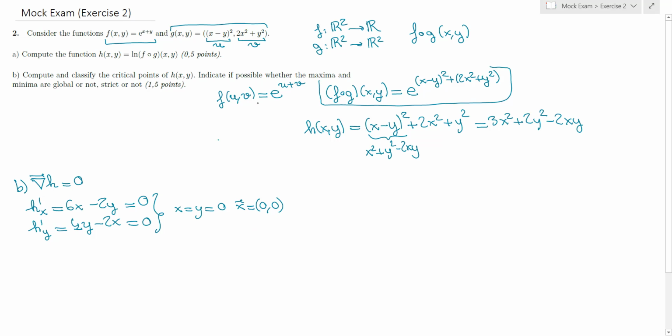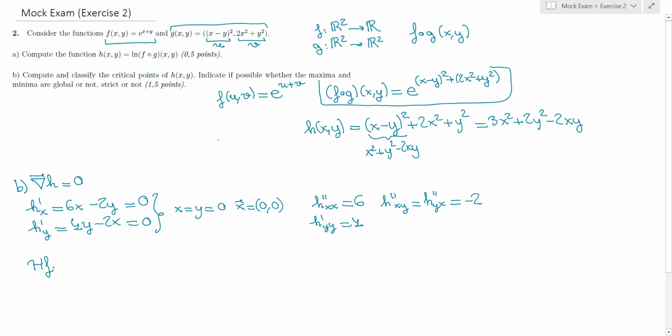Now, in order to classify the critical point, we need to compute the Hessian. And for the Hessian, let's go with the second derivative. In this case, it's 6. With respect to y, it's 4. And then the cross derivative, of course, it doesn't matter in which order you do them, because the function is differentiable.